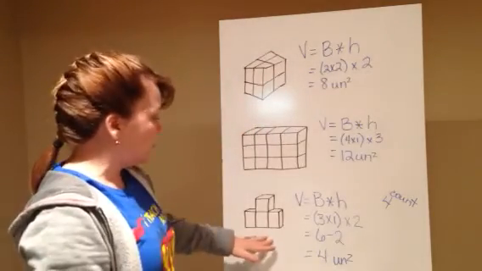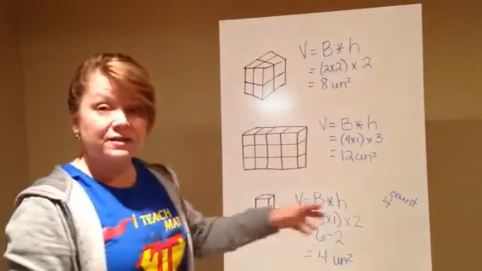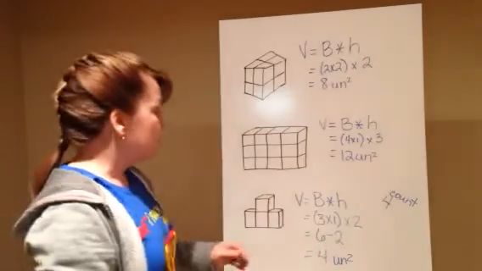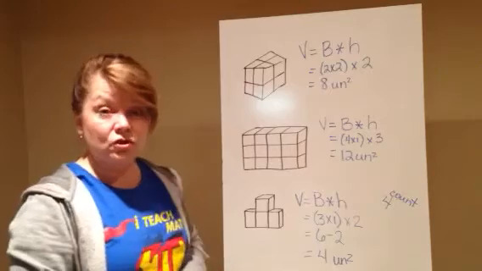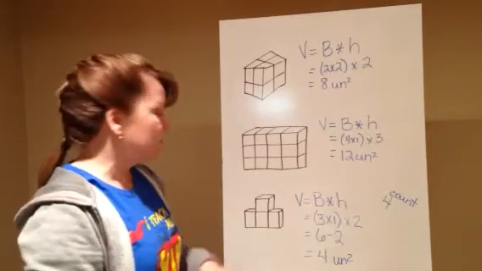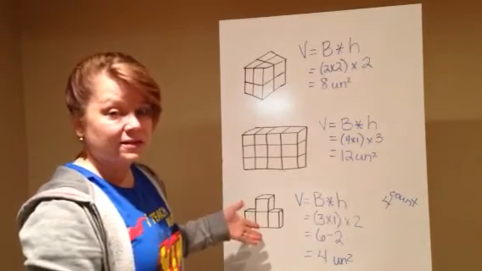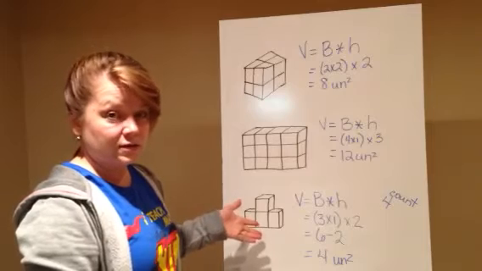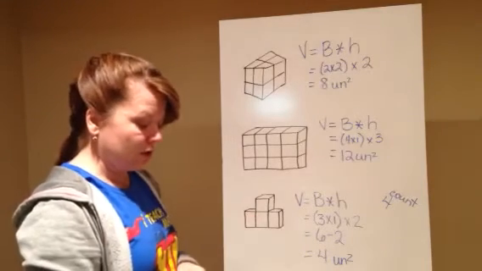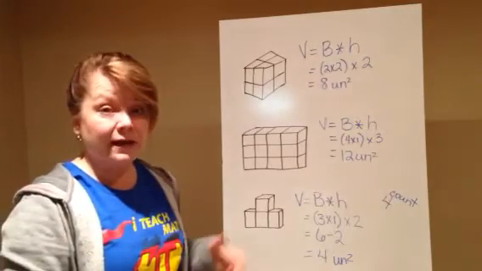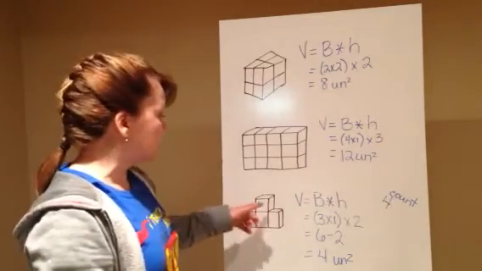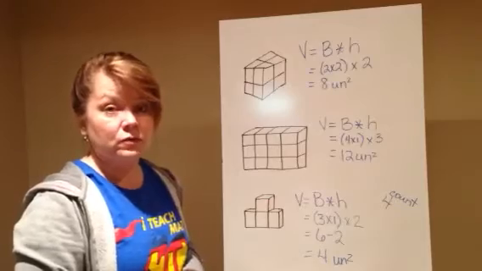Now, if you get a shape that is missing some cubes, you can still use the formula, but you're going to have to subtract from your answer those cubes that are missing. So sometimes in instances like this, it's just a little bit easier to count those, because you're going to have some shapes that fall into that category where you're actually missing some of those cubes.